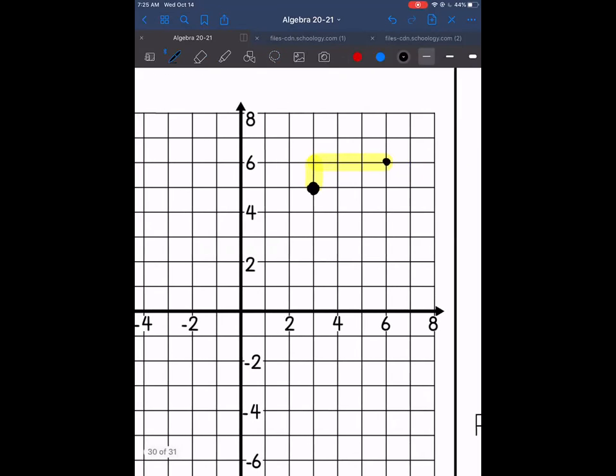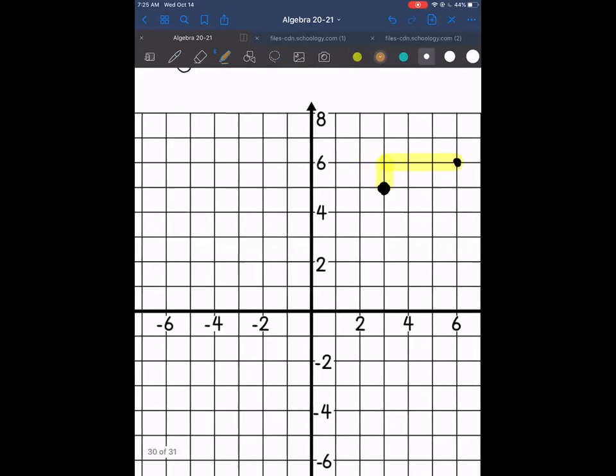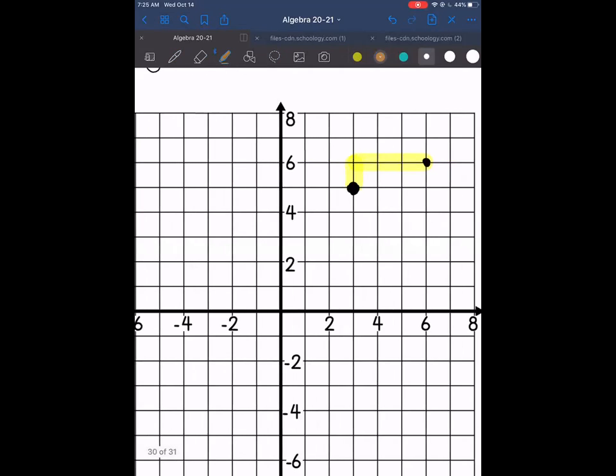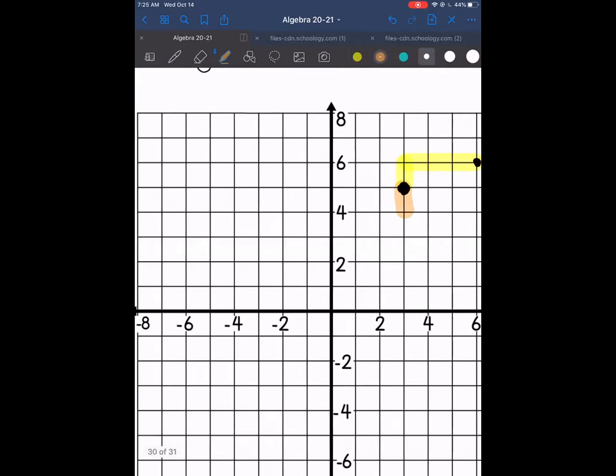Now, I like to graph as many points as possible. So that means I need to go the normal direction of our rise over run. And then I'm going to go in the opposite direction as well. Meaning, instead of going up and to the right for a positive slope, I'm going to go down 1 and to the left 3 for another point. And I'm going to repeat that until I can fill up the graph.